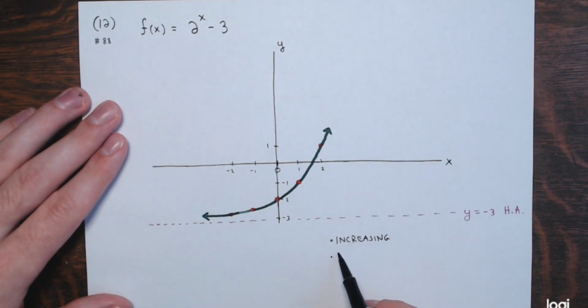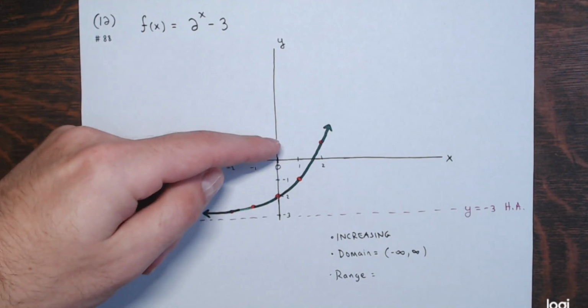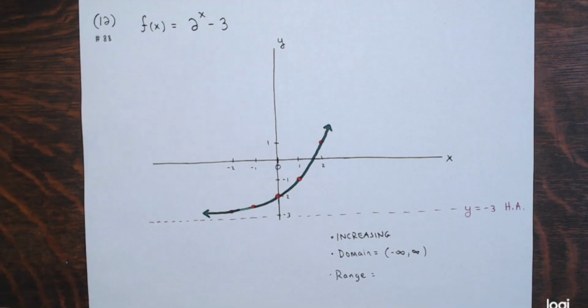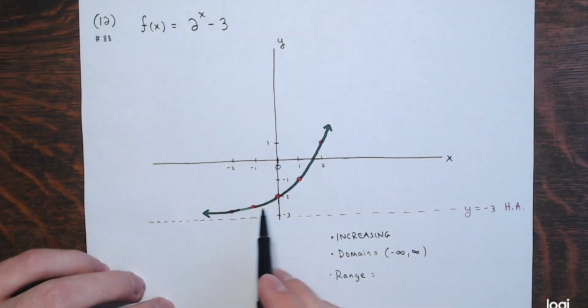The domain is always all real numbers for all these exponential functions, but the range has changed. All right, the range is not just all the positive values, but now it's all the values above -3. See, all the y values above -3 are used at some point.